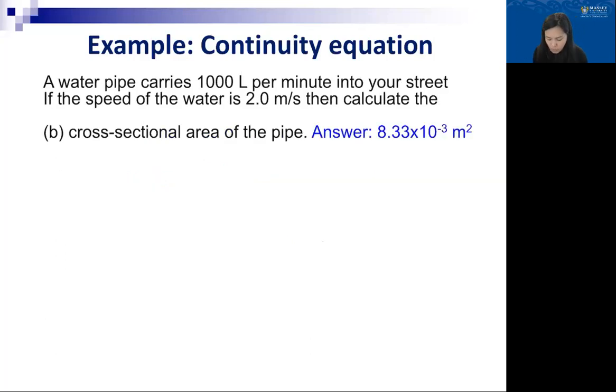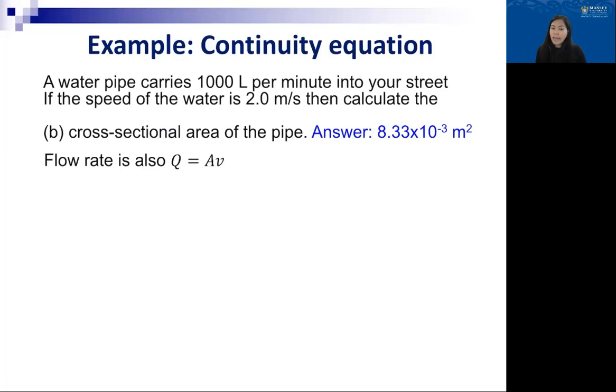Okay, and now the next question, we want to find the cross-sectional area of the pipe. So from the previous question, we solved for the flow rate.